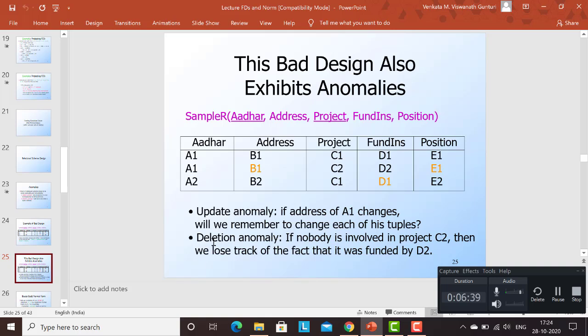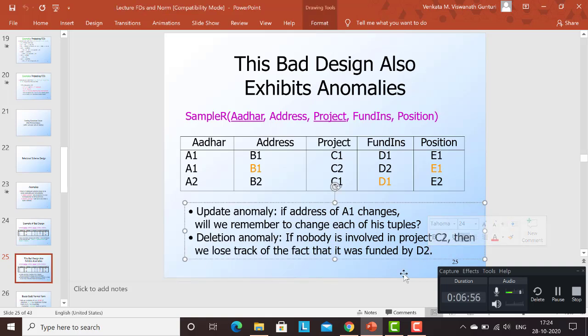This is what is called the deletion anomaly. This is what is written over here: if nobody else is involved in C2, then we can lose the information that C2 was funded by D2.